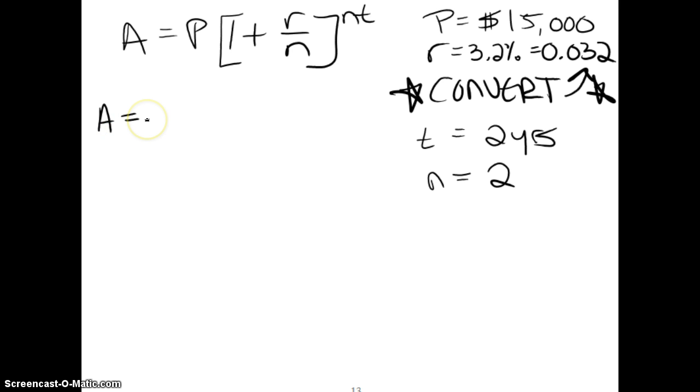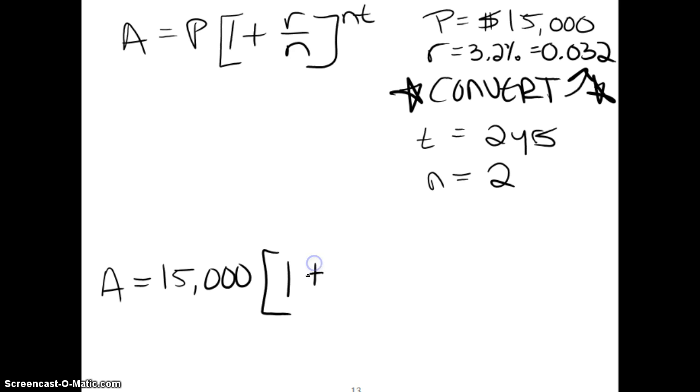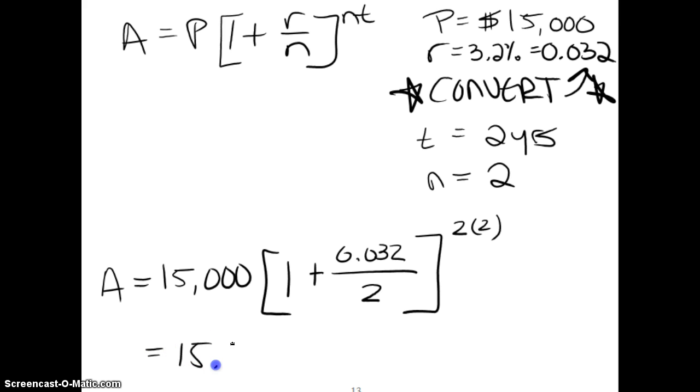A equals, well, I'm going to do it down here so we have enough room. A equals $15,000 times 1 plus my rate over twice a year, to the 2 times a year for 2 years. And this, you could just plug in your calculator. I would simplify it a little bit, but that is completely up to you. Depends on how you are with the calculator. I would do the parentheses first.